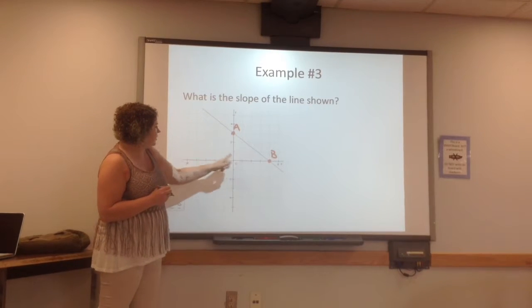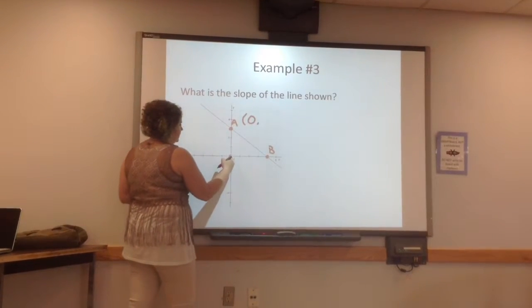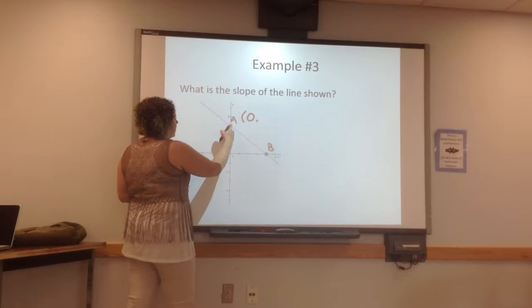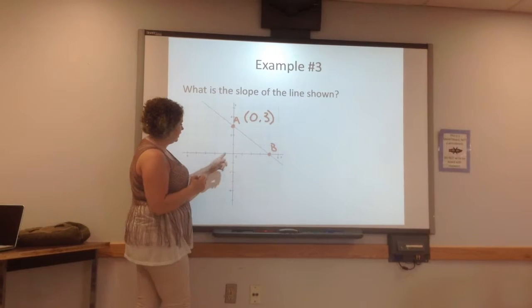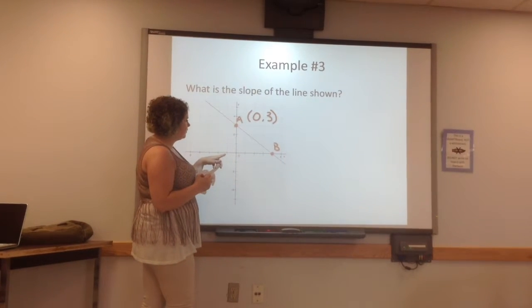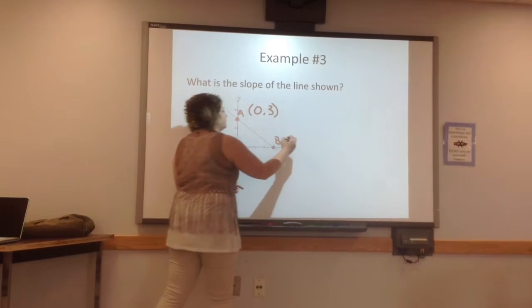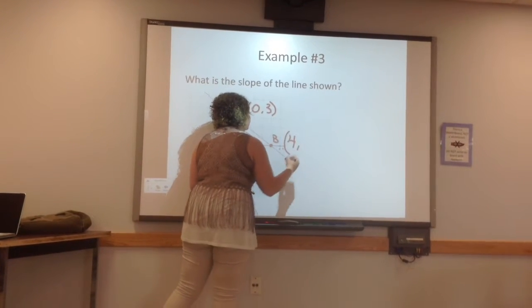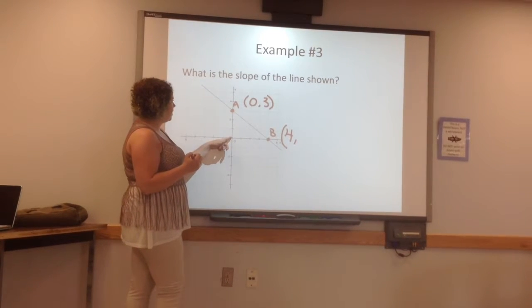Our x value is always the first coordinate, so here x is 0 and y is 3. Okay? And then over here, our x coordinate is 1, 2, 3, 4. And because it's sitting on the x-axis, our y value is 0.